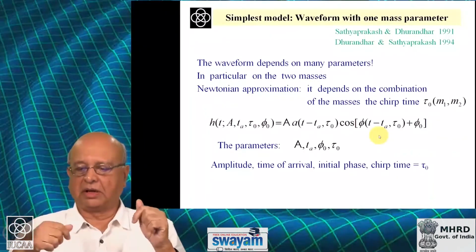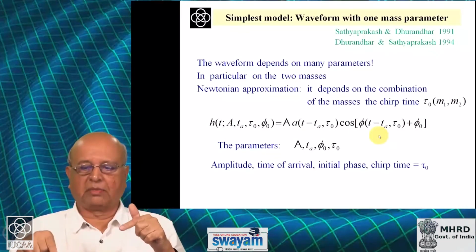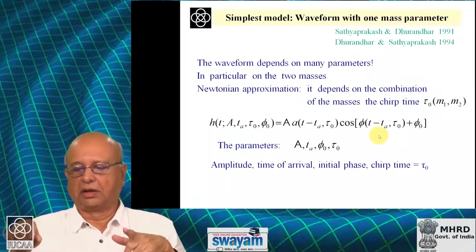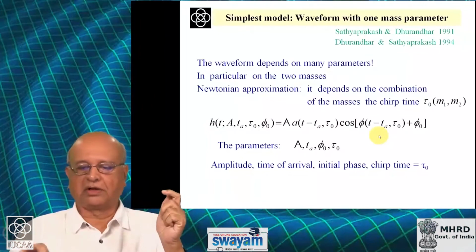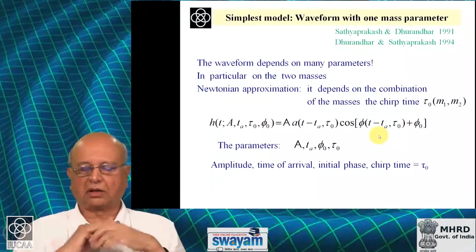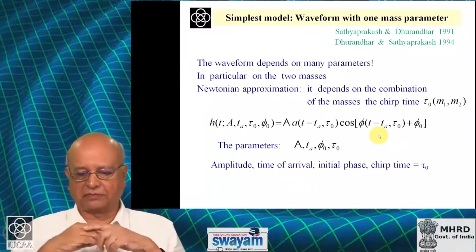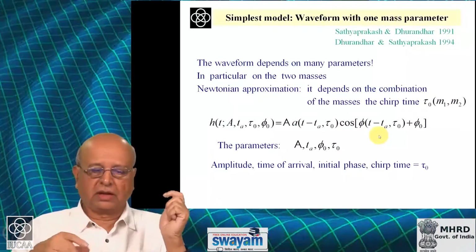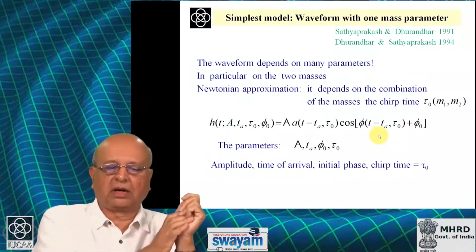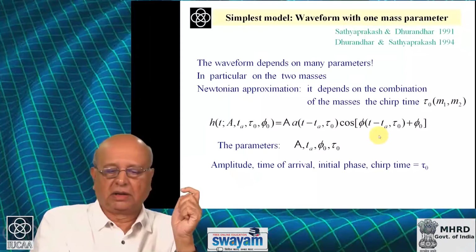The reduced mass multiplied by the total mass to the 2/3, raised to 3/5, is what is called the chirp mass, and tau naught is related to that chirp mass in some fashion. Then the signal can be written as a function of t and parameters.